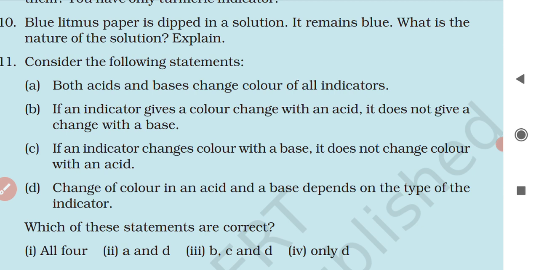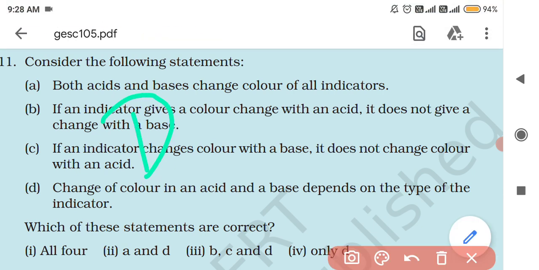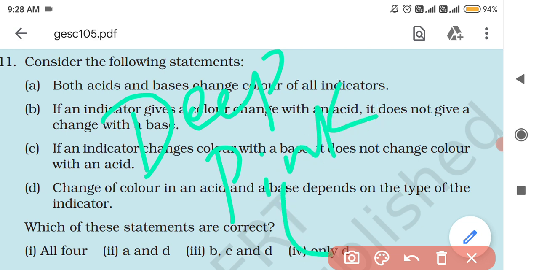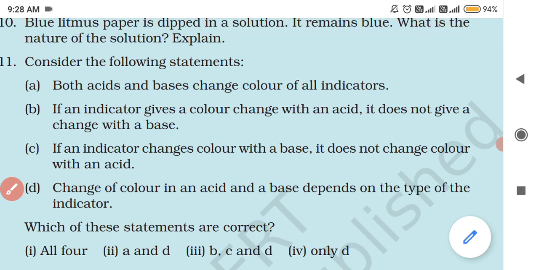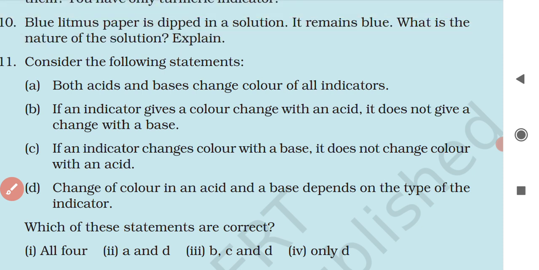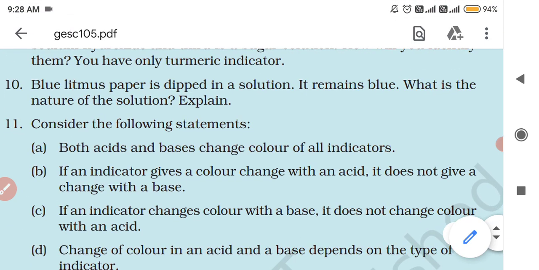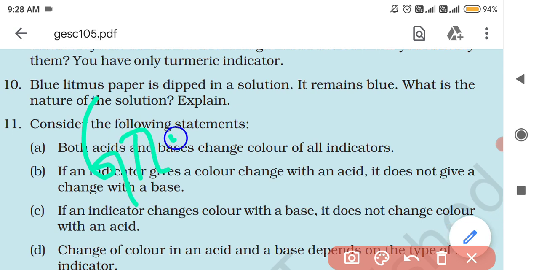Remember, acidic substances can change the color of China rose indicator from light pink to deep pink, or you can also say to magenta color. But basic substances change the color of China rose indicator from light pink to green color.